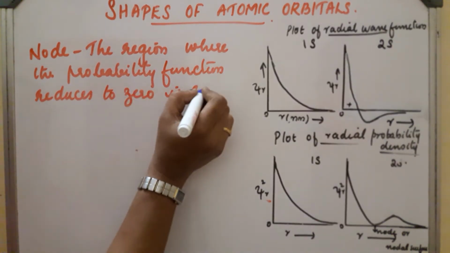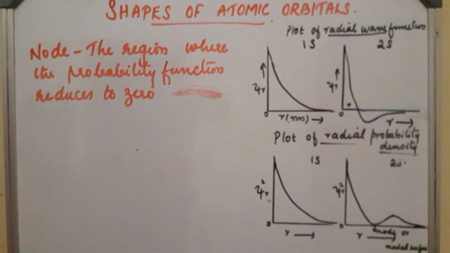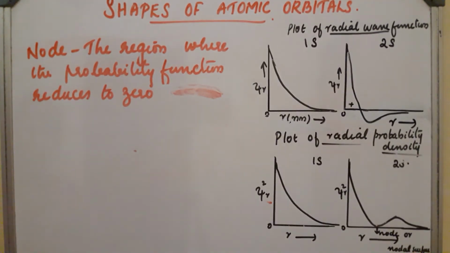So for 1s orbital there is no node, but in the case of 2s orbital, there is one node. So depending upon the atomic orbitals, the number of nodes changes.